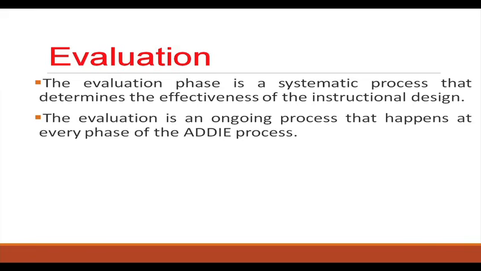The evaluation process is the systematic process that determines the effectiveness of the instructional design. So, the evaluation is an ongoing process that happens at each phase. In the ADDIE model, we are evaluating at each phase, but evaluation is the last one.